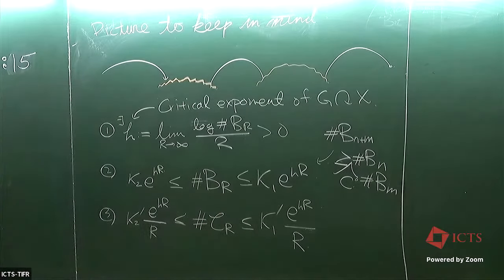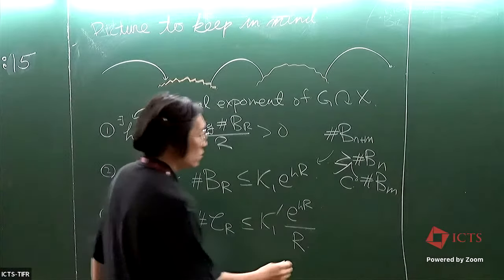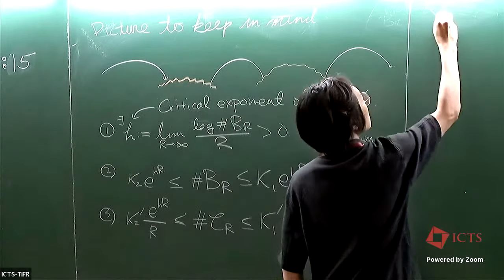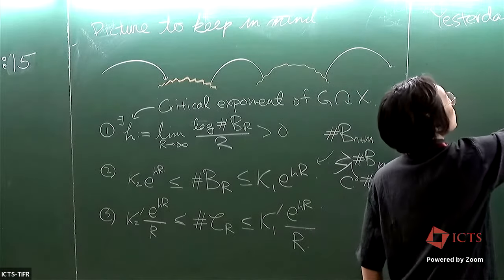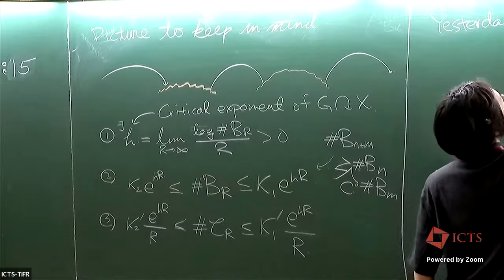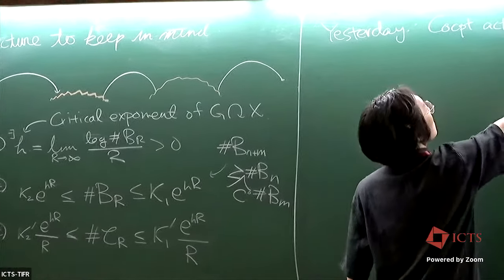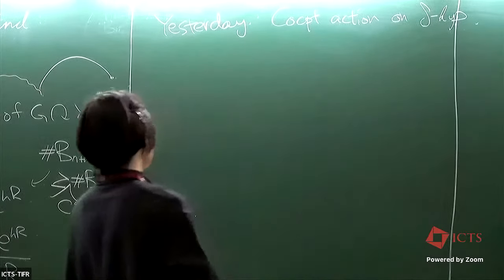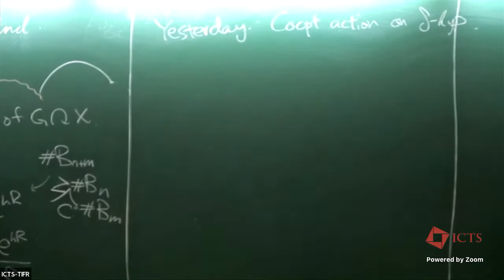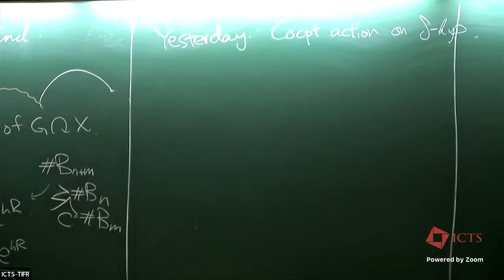So this was for a co-compact action on a delta hyperbolic space. And whenever we constructed some maps, the important picture was like this.